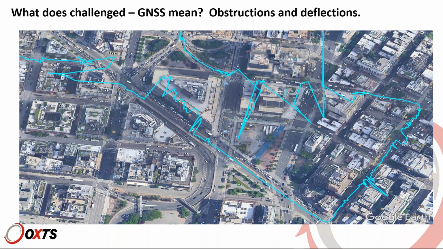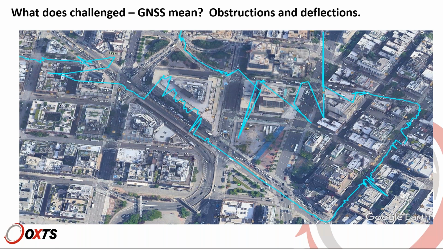This is a snapshot taken from New York City, and the trace that you are seeing there in light blue is the GNSS only trace, so not corrected by the IMU data. Basically, it means that you have a lot of obstructions and deflections, so either the GNSS signal doesn't reach the antennas in the first place, or it does, but only after having been deflected and bounced possibly several times off a number of surfaces.